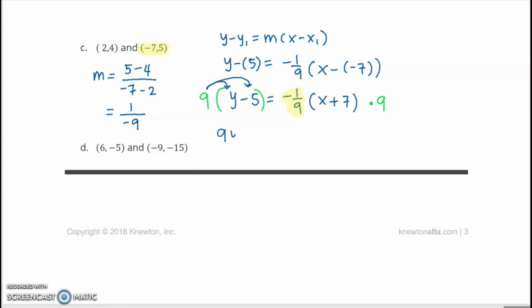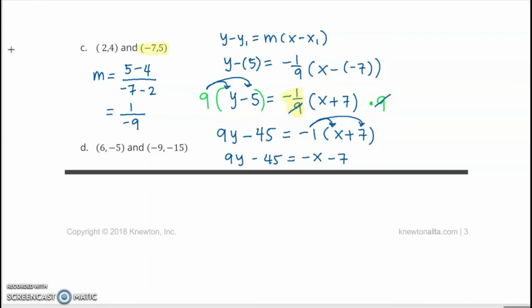So you have 9y minus 45. 9 times 5 is 45. And then the 9 here will cancel with the 9 here. So therefore you have negative 1 times x plus 7. Then you distribute this inside the parentheses. So you have 9y minus 45 is equal to negative x minus 7.